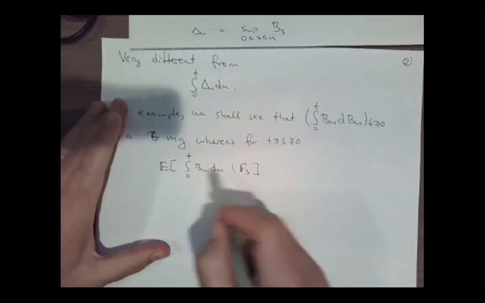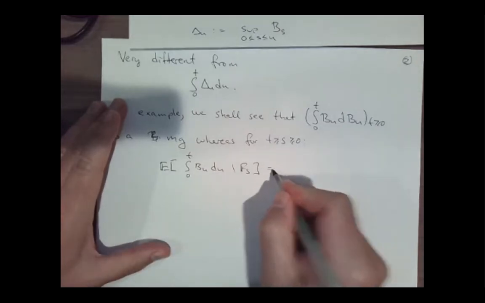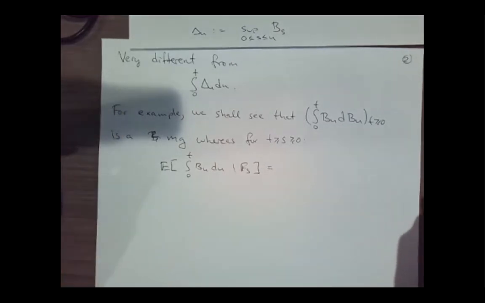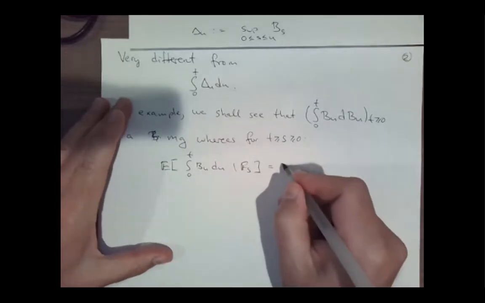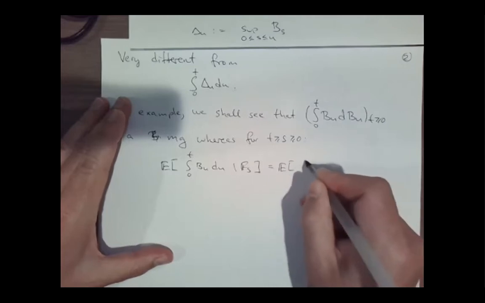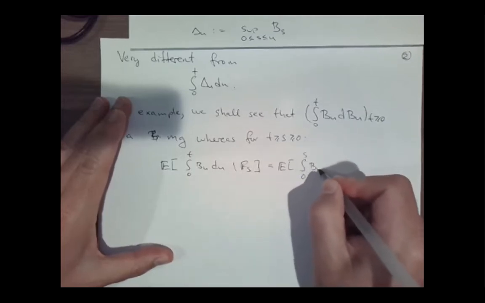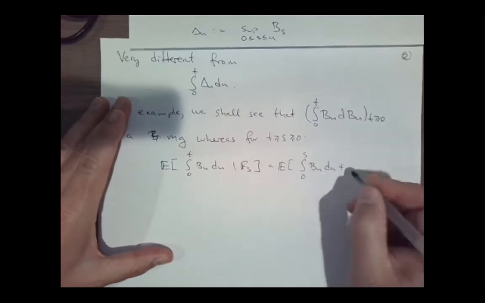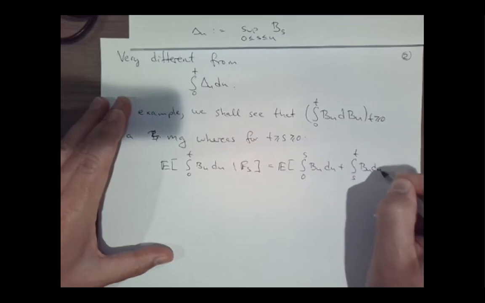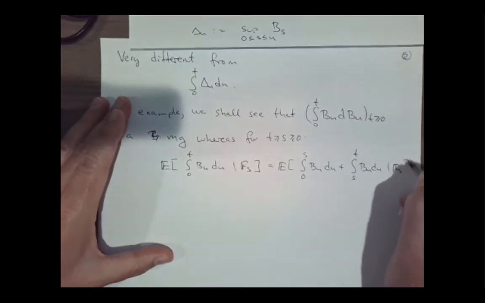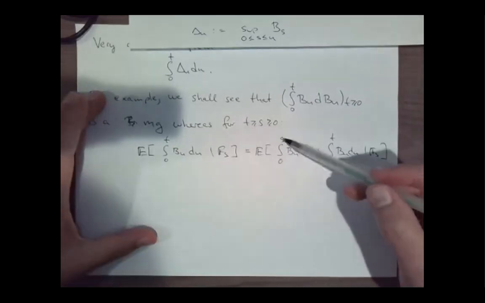So to compute this, I can write this as an integral from 0 to s of bu du plus an integral from s to t of bu du given fs. Here I'm integrating the Brownian path up to time s.